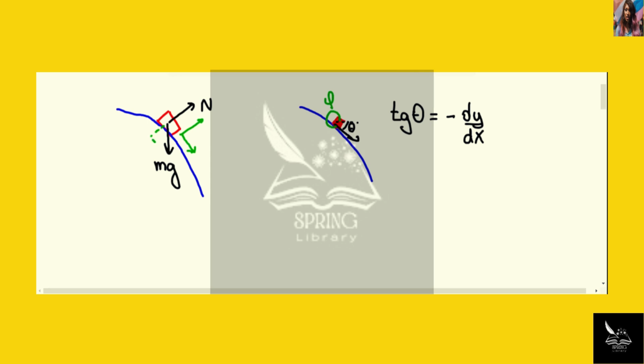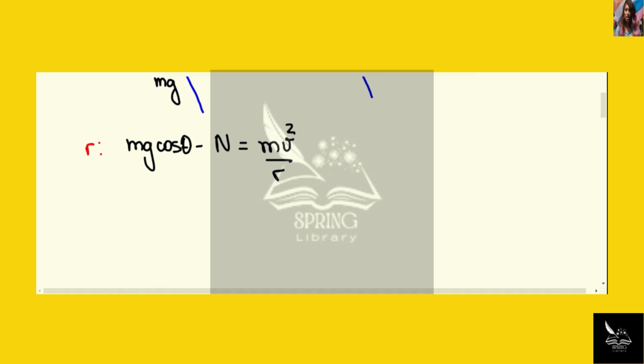I'm sorry for that. So it should be at this angle here. Now everything is correct. In the r direction, we have mg times cosine of theta minus the normal force is equal to m times the centripetal acceleration, that's v squared over r. And in the theta direction, we have mg times sine of theta is equal to m times the tangential acceleration, at.